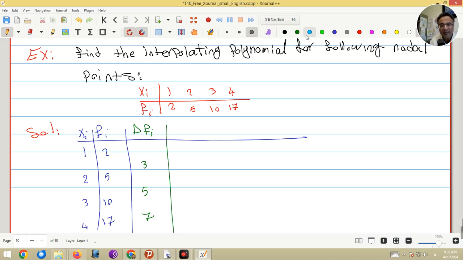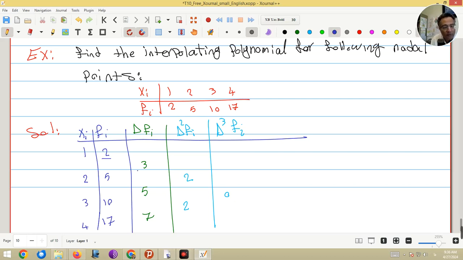Okay, you can see that the computation is much easier. 5 minus 3, 2, 7 minus 5, 2, and if I compute delta 3 fi, this will be 2 minus 2 will be 0. And now I have every material that I need.